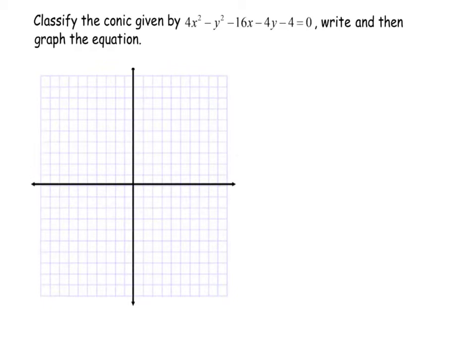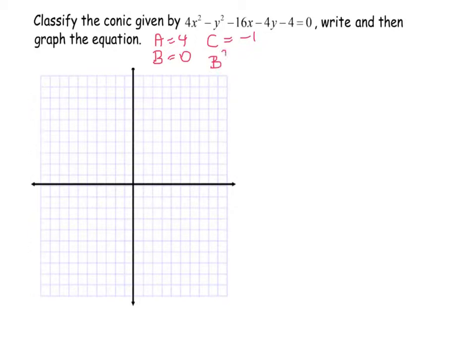Please have your notes ready from Friday so we can finish classifying and graphing conic sections from general second degree form. So this one we already had and we already classified, but I'm going to do it again. A equals 4, B is always 0, and C equals -1.